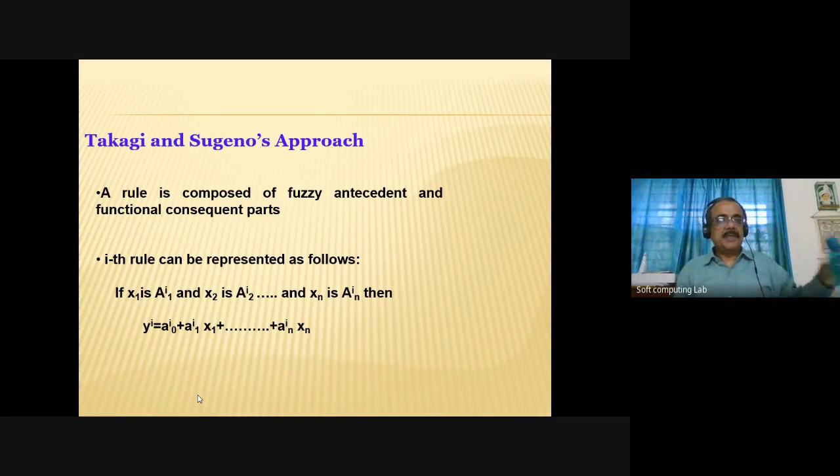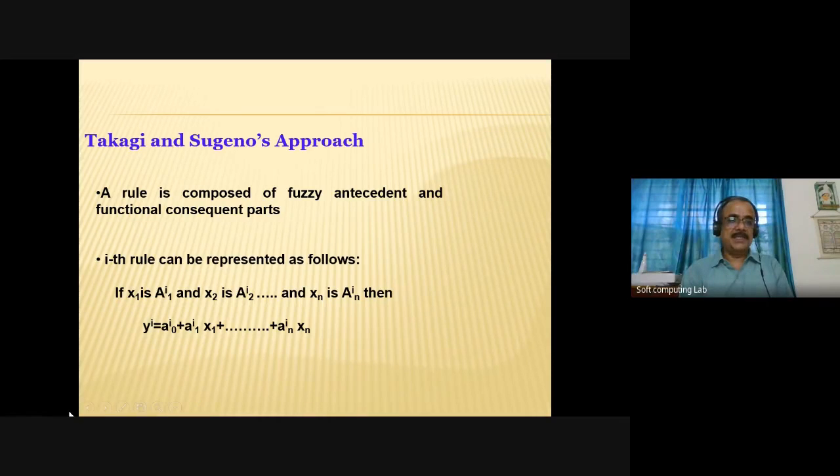Now, in Takagi and Sugeno's approach, a rule is composed of a fuzzy antecedent and a functional consequent part. Antecedent is nothing but the input parameters, and consequent is nothing but the output parameters. According to this approach, a rule will look as follows. The ith rule is represented as follows.